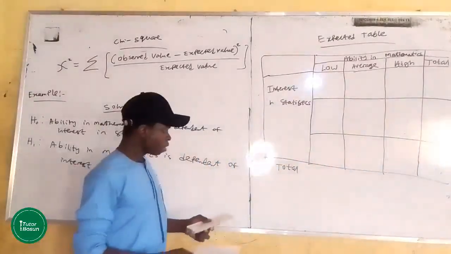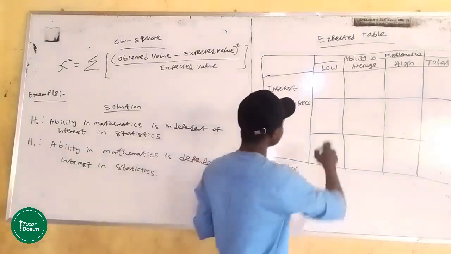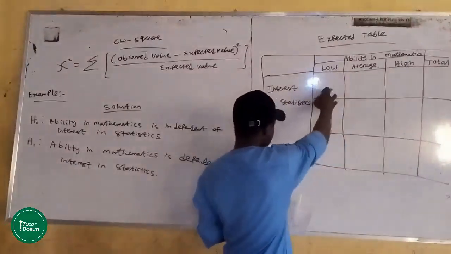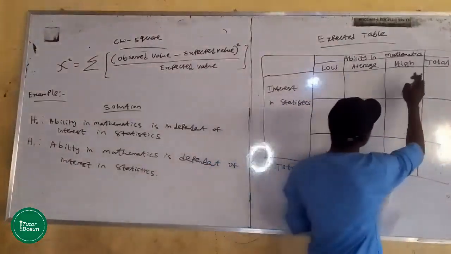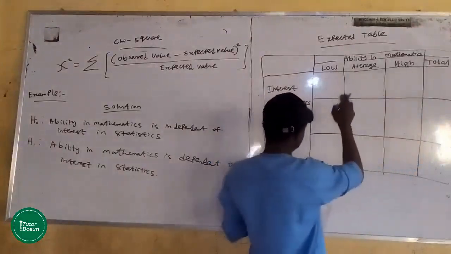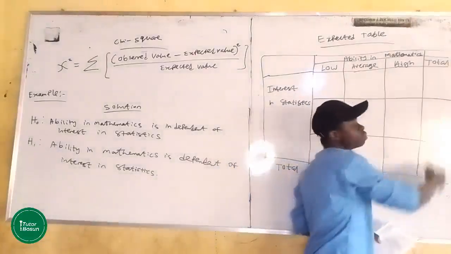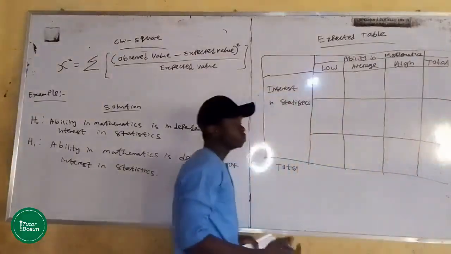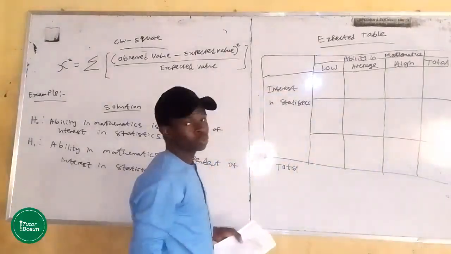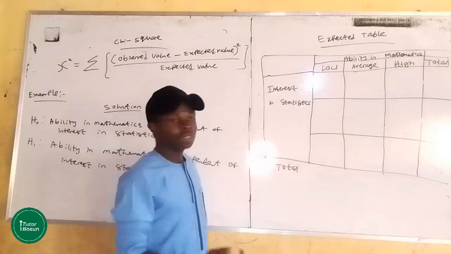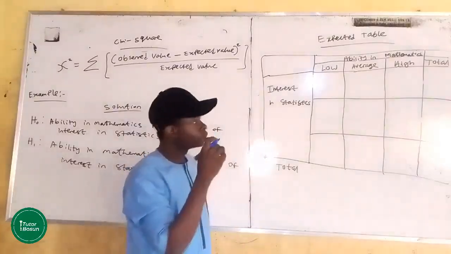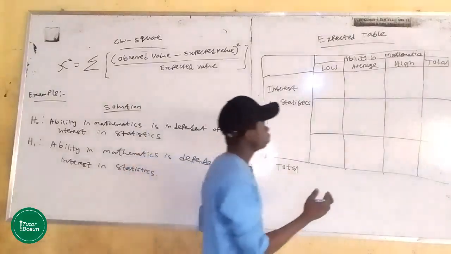And as you can see from the question, we are given 50, 52, 15 here, 58, and so on. Then we've created a new column for ourselves to be our total. So we decide to input those values. We have it on the table.